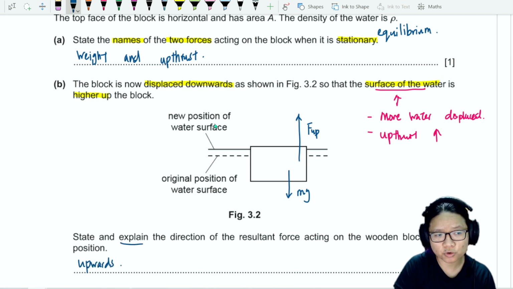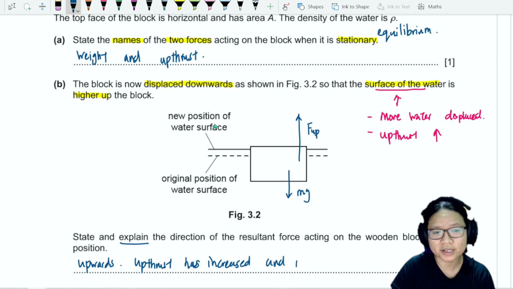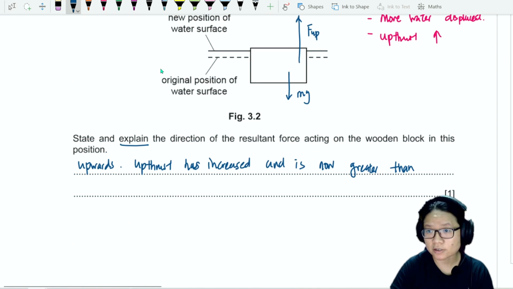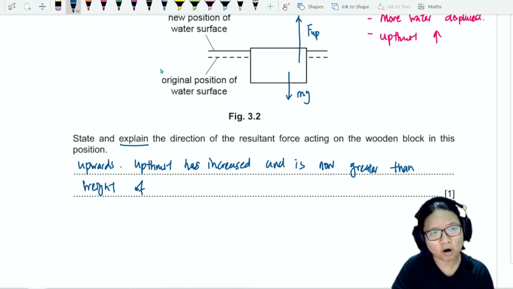But stating is not good enough, I also need to explain. You can say that the upthrust has increased and is now greater than the weight of the block.